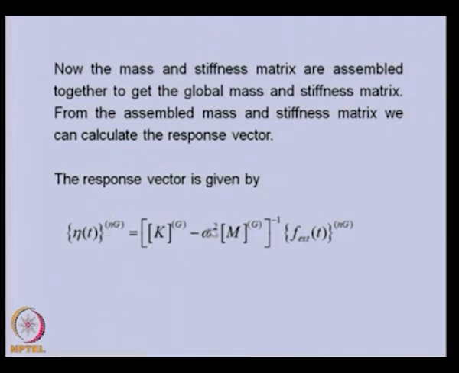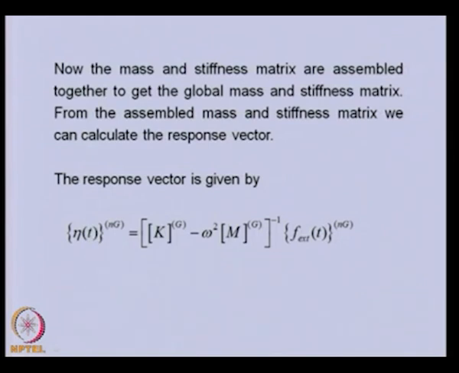Because there is a forced vibration and the main forcing is the unbalance, we expect that omega will be the spin speed of the rotor, and this is the unbalanced force. So, this we obtain from the global equation of motion after application of the boundary condition. This equation can be used to obtain the response.